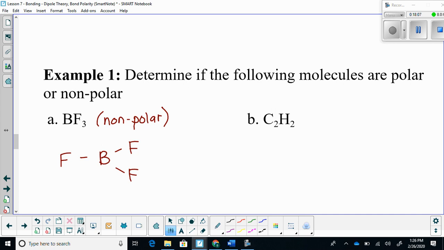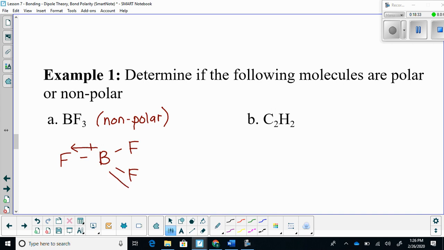The larger the electronegativity difference, the larger your arrow needs to be. So fluorine has an electronegativity of 4.0. Boron has an electronegativity of 2.0. Okay, so it's going to be pointing towards fluorine, because it is more electronegative.